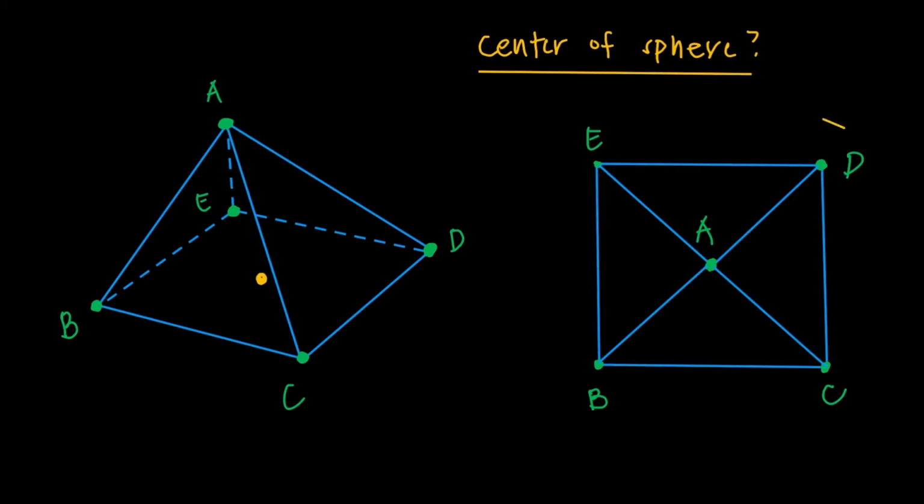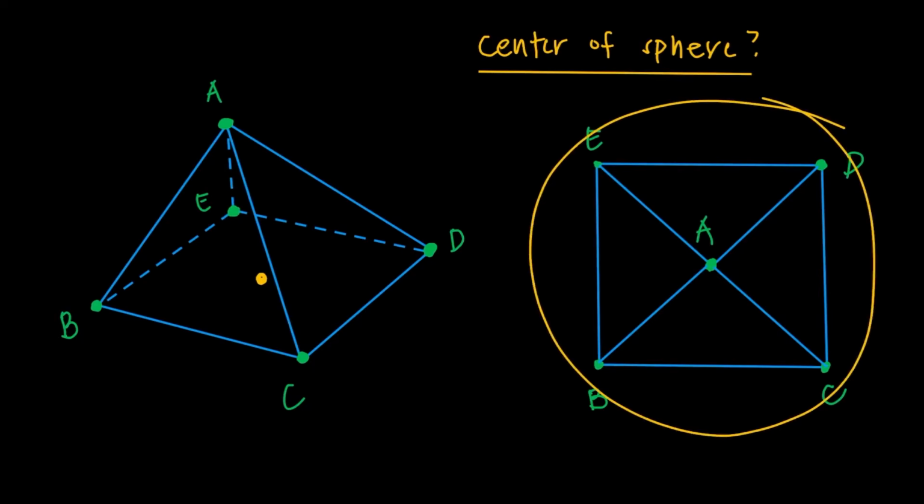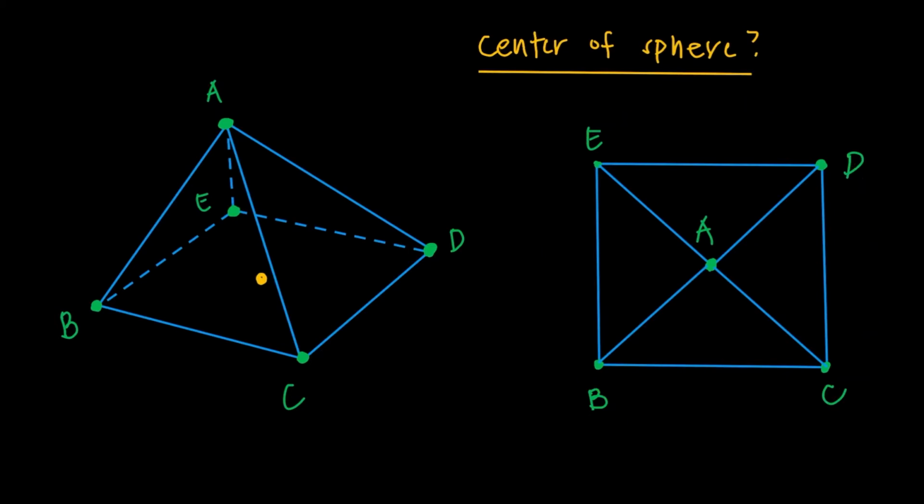I did mention that because of the conditions in the given, if I were to take a view from the top, A would be directly in the middle. Essentially, you could think of it as the intersection of the two diagonals of the square. From the top view, it will seem that A is in the middle of the square.